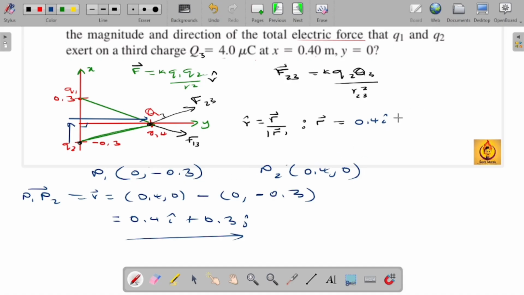So this is going to be plus 0.3 j hat. This is the vector. After finding the vector, you find the magnitude, which is going to be 0.4 squared plus 0.3 squared. Please help us find this magnitude quick.